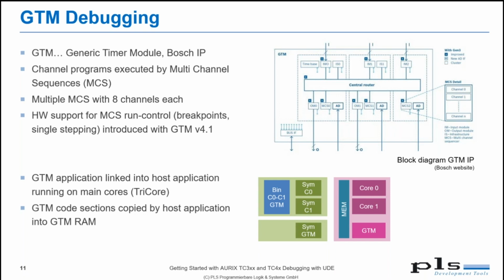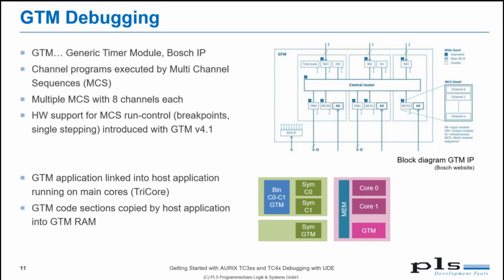Then during this startup or boot process, the GTM code is copied into the GTM RAM from the host application. That means the host application contains both the binaries for the TriCore main cores and the binaries for the MCS channel programs.